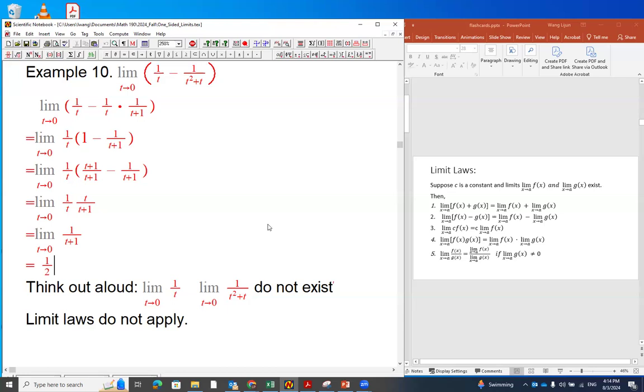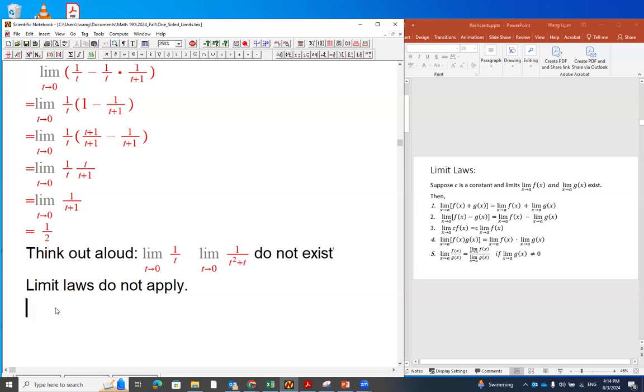From this example, you also see that both limits do not exist, and when you subtract them, we do have a limit. Remember, there's another video where we talk about if two limits don't exist, and you subtract them or add them, do they have a limit? They may.